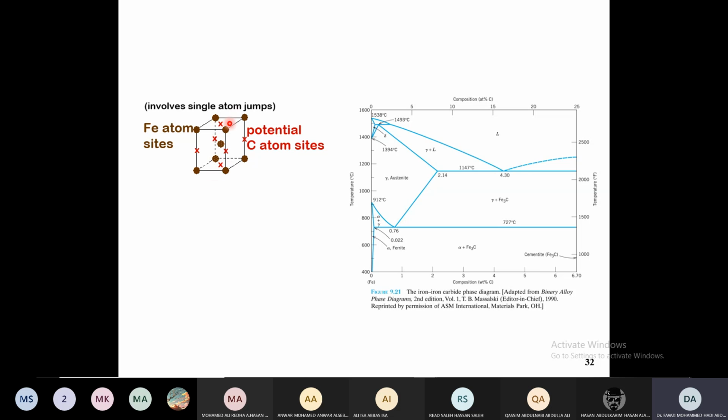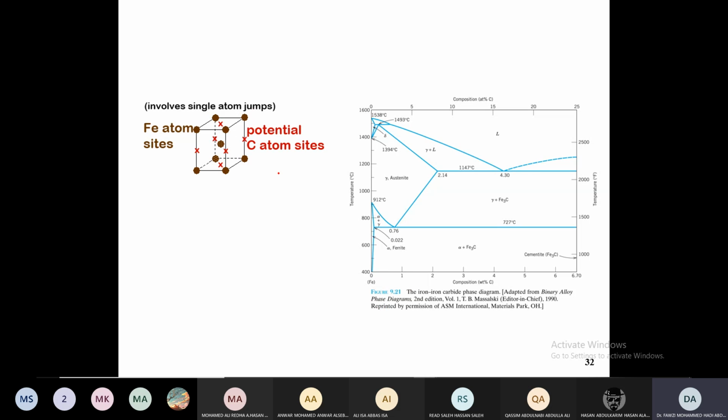Now, this elongated crystal structure with the trapped carbon atoms, when you raise the temperature, and we said that the martensite is a metastable structure, which means what? If you increase the temperature, what is going to happen? The distances between these atoms of iron are going to become bigger at higher temperature. Of course, the distances will become bigger, and these carbon atoms, what will happen to them?